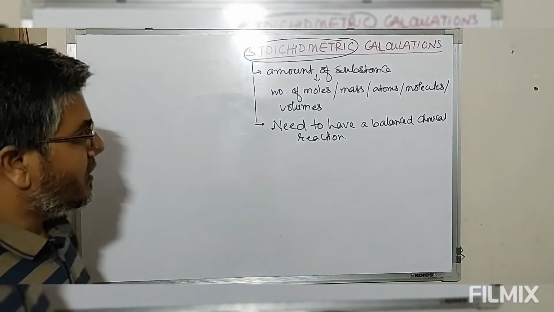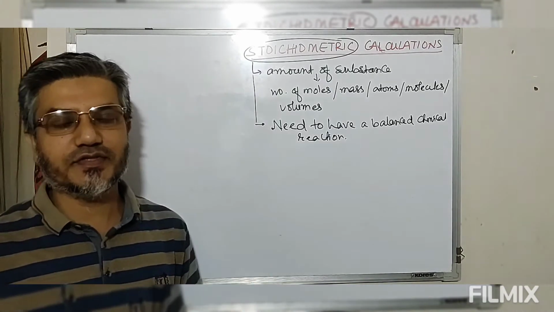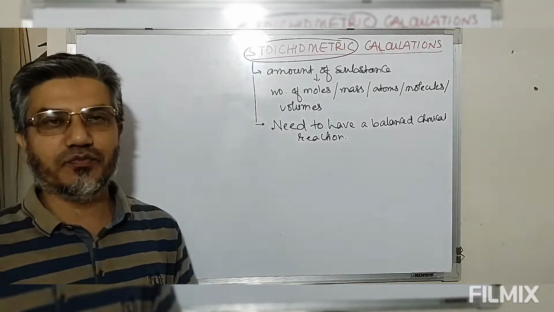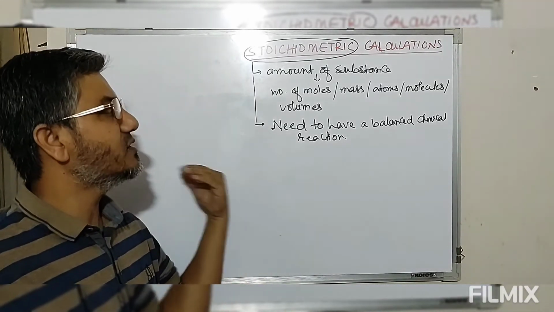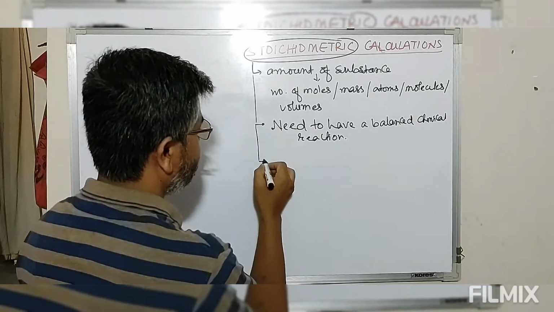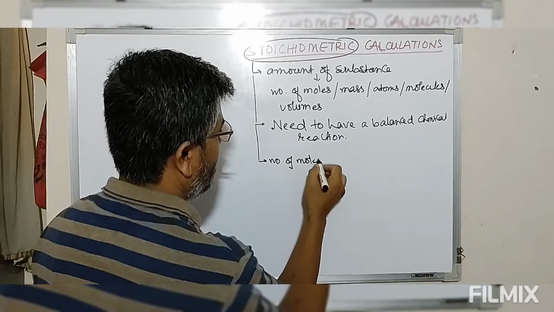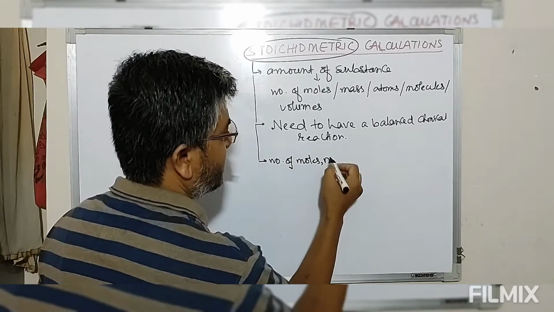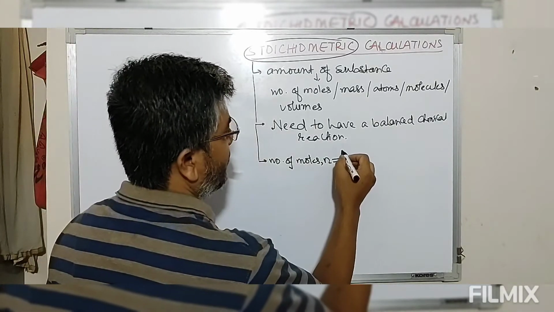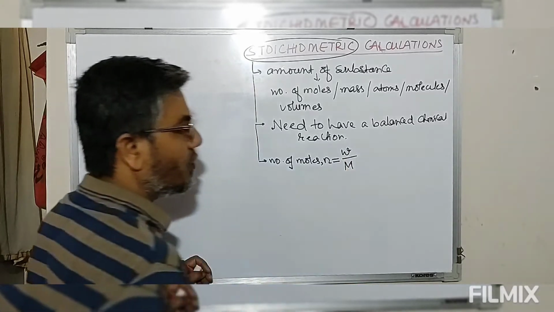Now look at this, we have gone through the concept of the amount of substance measured in terms of moles. So we can use the concept of mole for this interconversion. We define the number of moles n equals mass of the given substance divided by gram atomic or gram molecular mass.